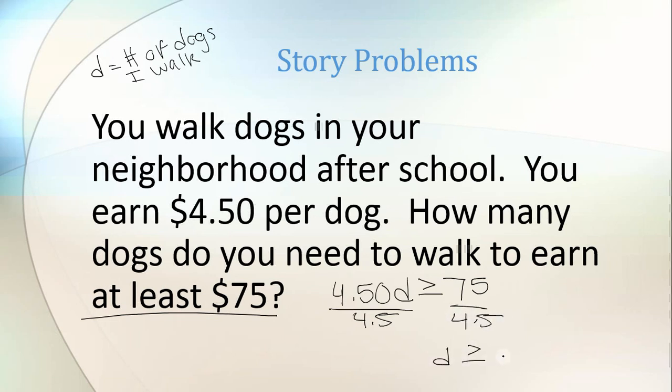And I get D is greater than or equal to 16.6 repeating dogs. Now, I can't have 0.6 of a dog. Just doesn't work out. Can't really walk 0.6 of a dog. So I know I need to round up to the nearest whole. I need 17 dogs to make at least $75.